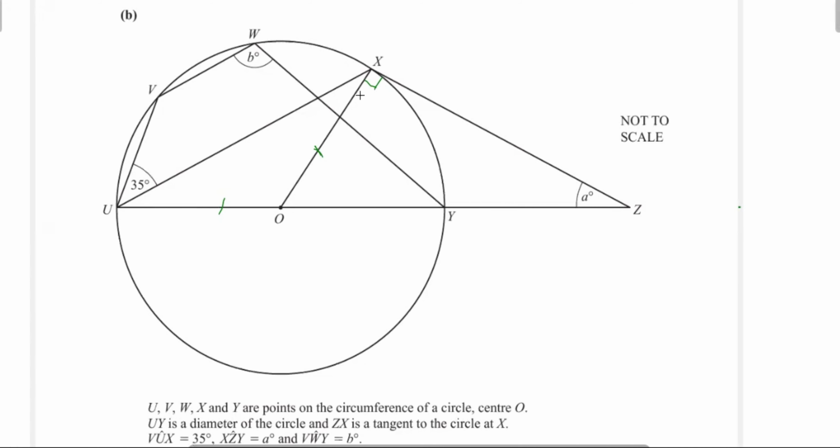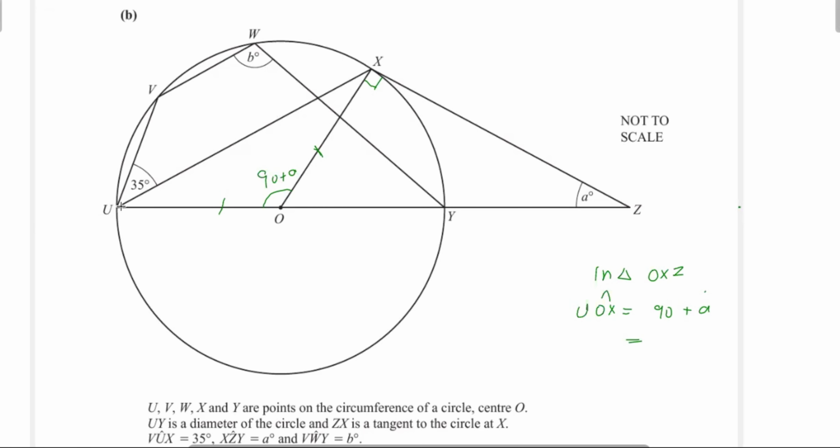Therefore, UOX will be an isosceles triangle. Now you see here in triangle OXZ, the exterior angle UOX will be equal to the sum of the opposite interior angles, that is 90 plus A degrees, and therefore we can write it as 90 plus A.